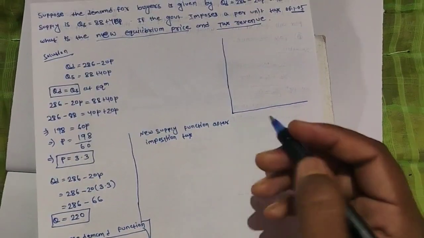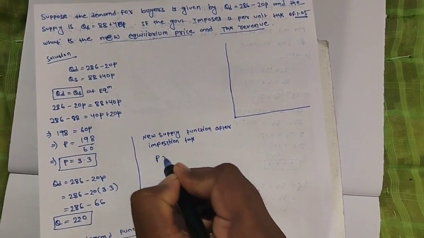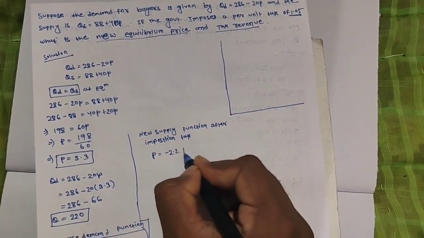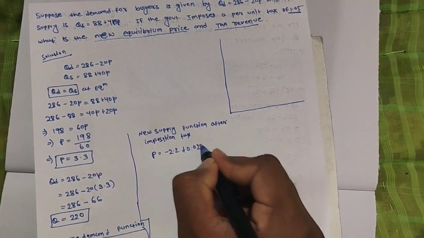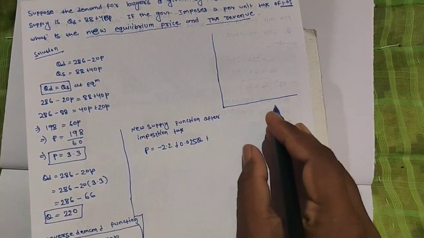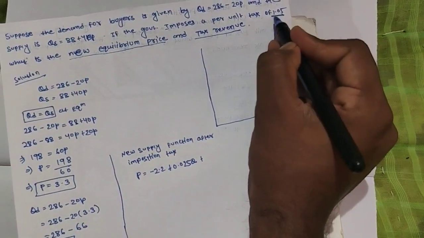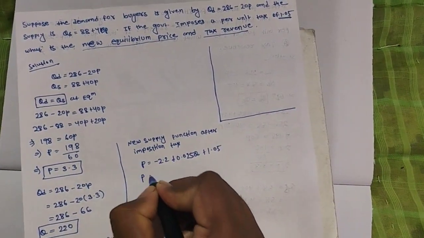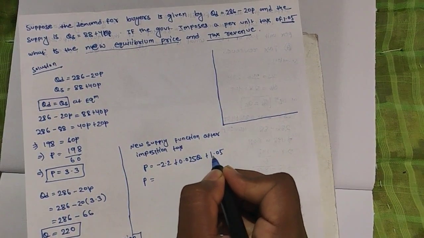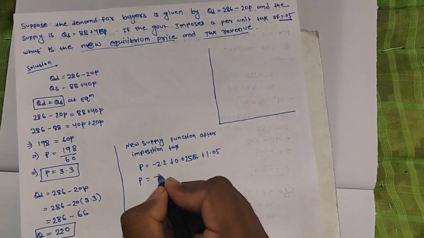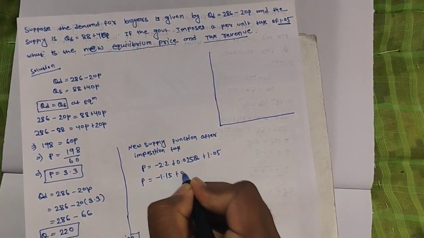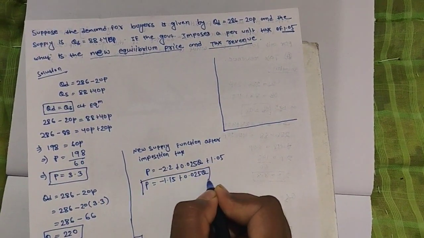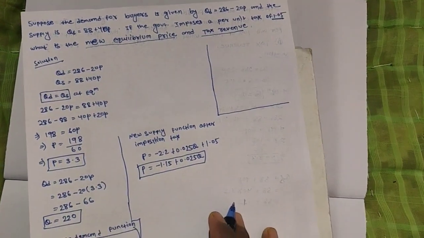So we know that the inverse supply function is p = -2.2 + 0.025q. Now you have to put the tax rate. What is the tax rate? That is 1.05. Now we put 1.05, and this becomes -2.2 + 1.05, which is -1.15 + 0.025q. This is the new supply function after imposition of the tax.